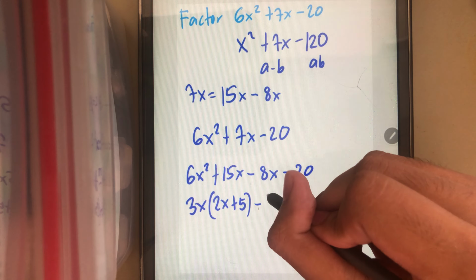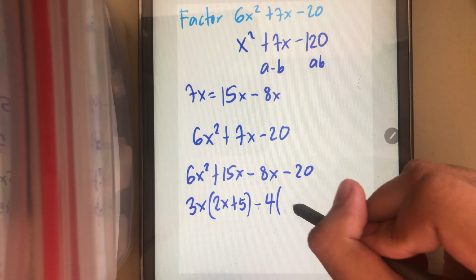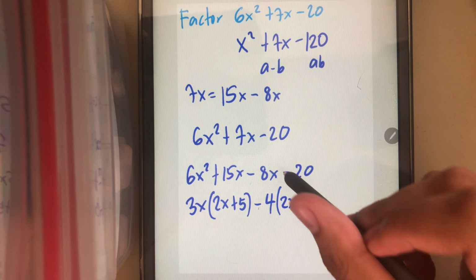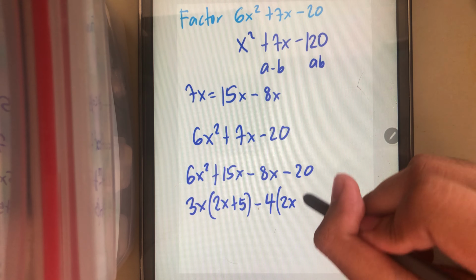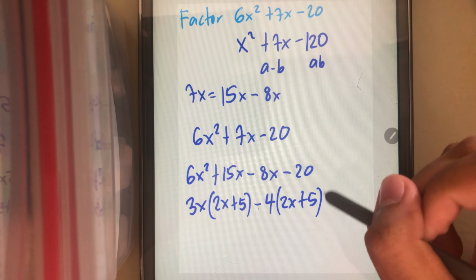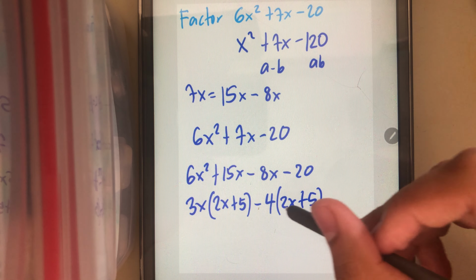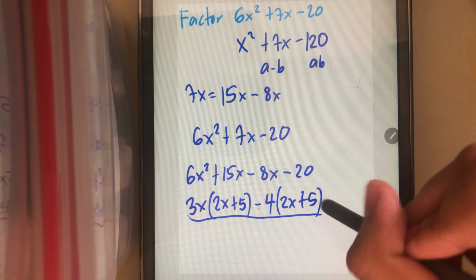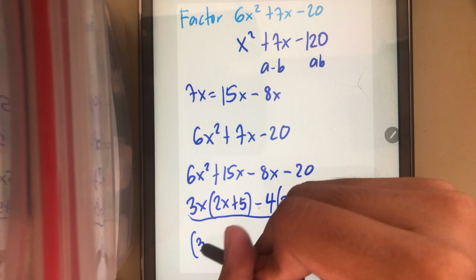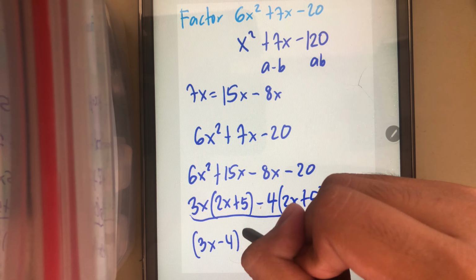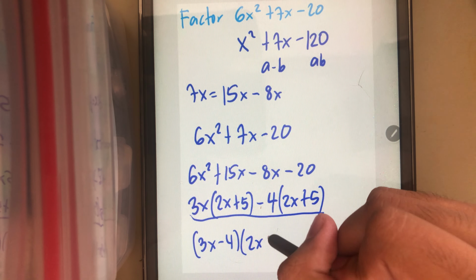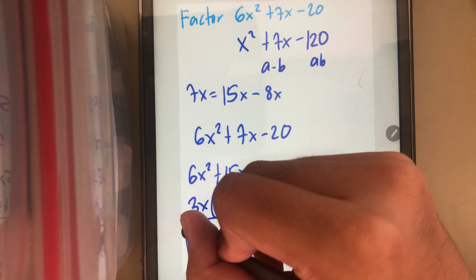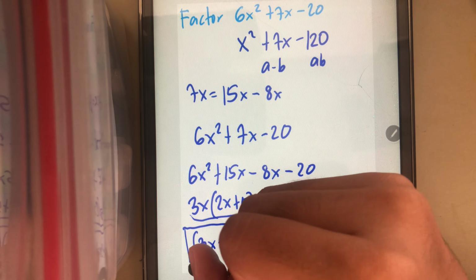So take 4 common, 4 times 2x, and minus 20 divided by minus 4 is positive 5. And this thing right here becomes 3x minus 4 times 2x plus 5. And that is our final answer.